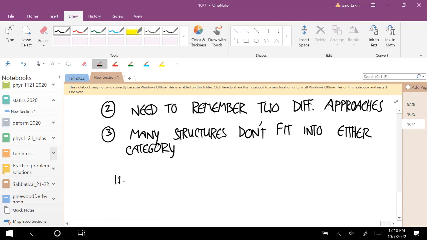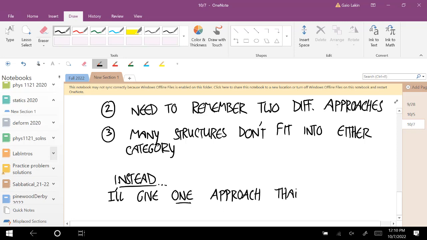So instead, I'll give one approach that solves every statically determinate structure, any structure that has a solution. This will do it.